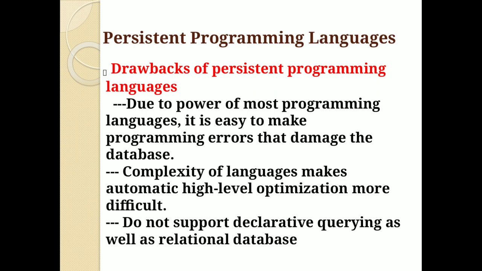Due to the power of most programming languages, it is easy to make programming errors that damage the database, the complexity of the language, and they do not support declarative queries as well as relational databases. C++, Java, Python are persistent programming languages which support the object-oriented database management system.